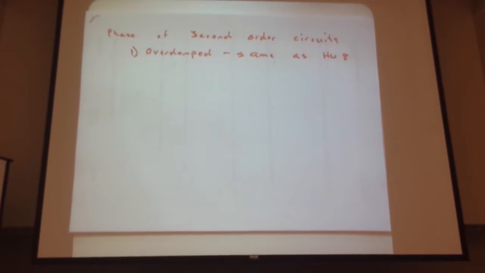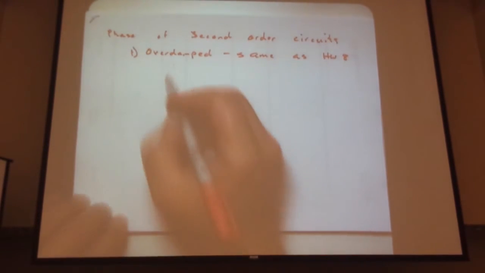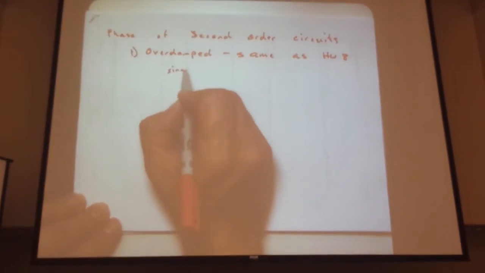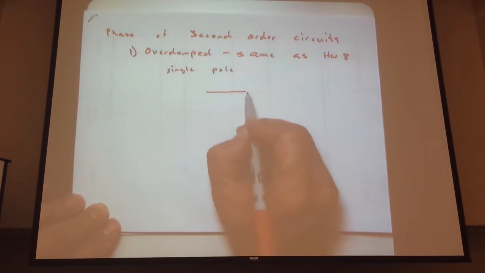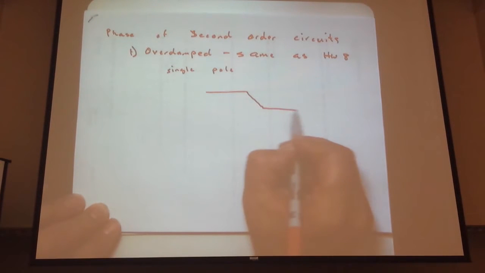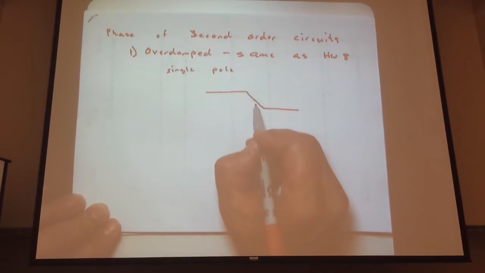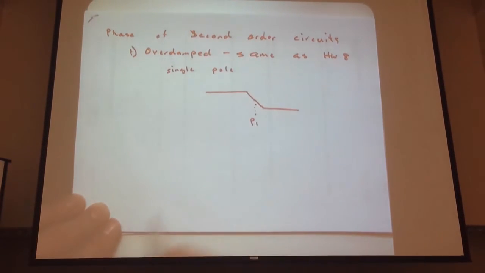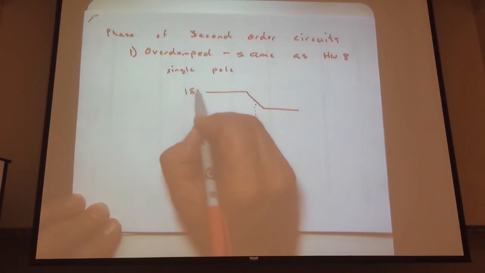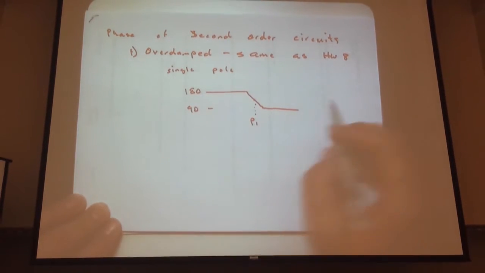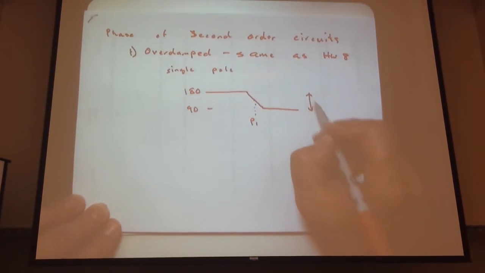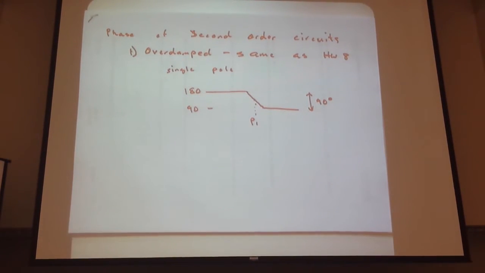So for a single pole, you do something along the lines of this. There's our pole, maybe that's 180 degrees, and that's 90 degrees. So we have a change of 90 degrees, spread out over 2 decades.